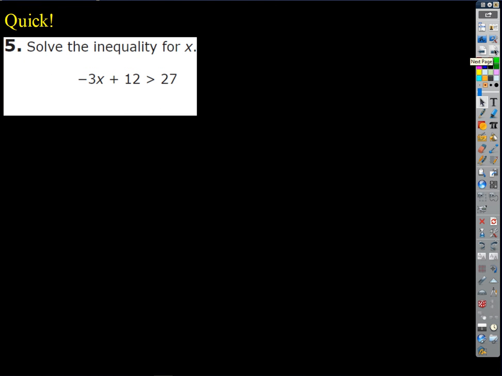Okay, here's one. We're pretty good at these, right? We've done a lot of this stuff. So what are the 2 steps to get that x by itself? Subtract 12. Okay, so I get negative 3x is greater than 15. Do you agree? Now what?